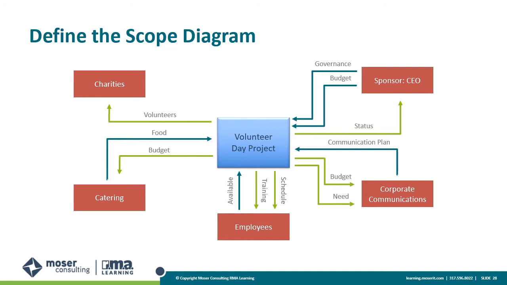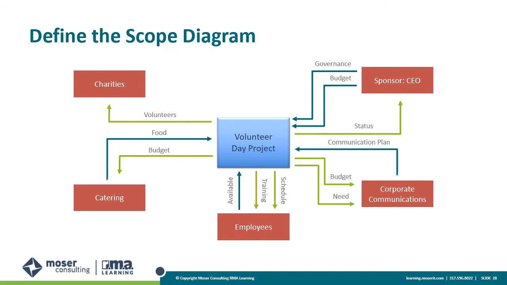Here's another question. Do you see anything else missing on this diagram based on what we've been talking about? There is one sort of bad thing that's not fixed yet. You're probably seeing that charities looks really weird because it doesn't have two arrows, it only has one. You can have two or more, but you can't have one.